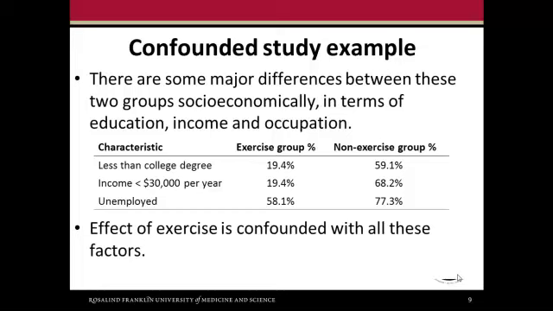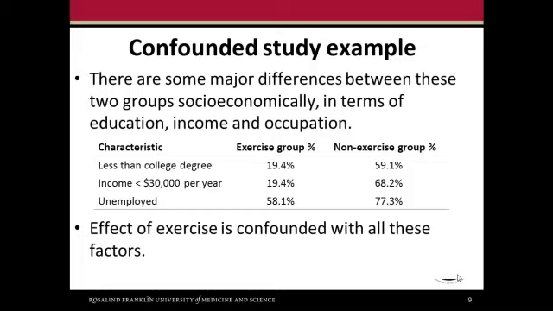The exercise group had 19.4% of the women whose income was less than $30,000 per year versus the non-exercising group, where 68% of the women made less than $30,000 a year. And then again, unemployment was also higher in the non-exercise group than in the exercise group.